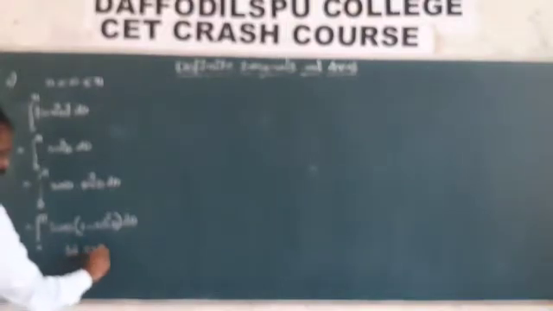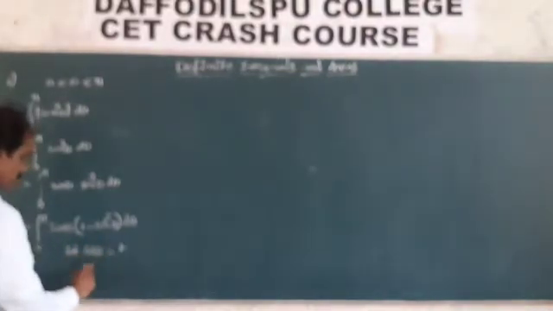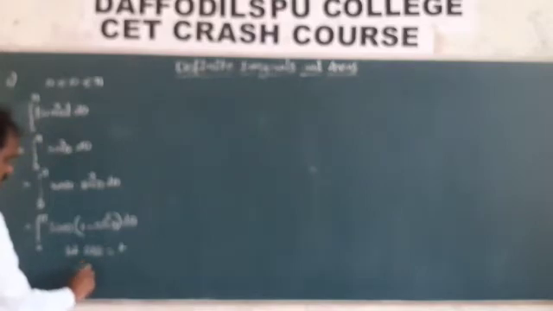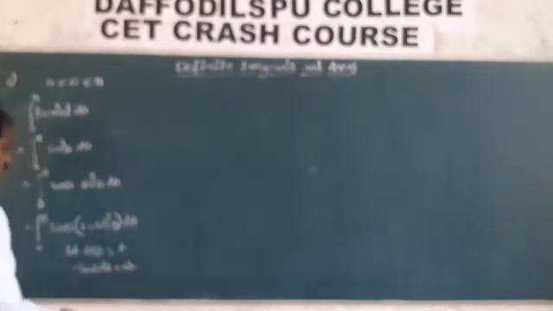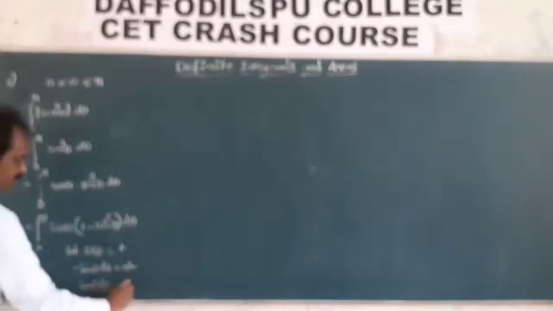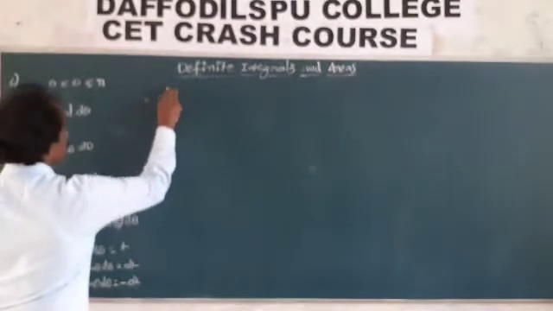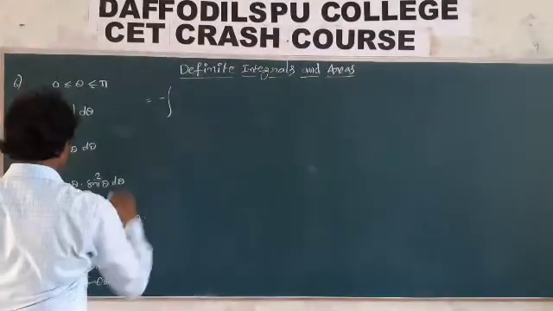Let cos theta equal t, differentiate: minus sin theta d theta is equal to dt. Sin theta d theta is equal to minus dt.